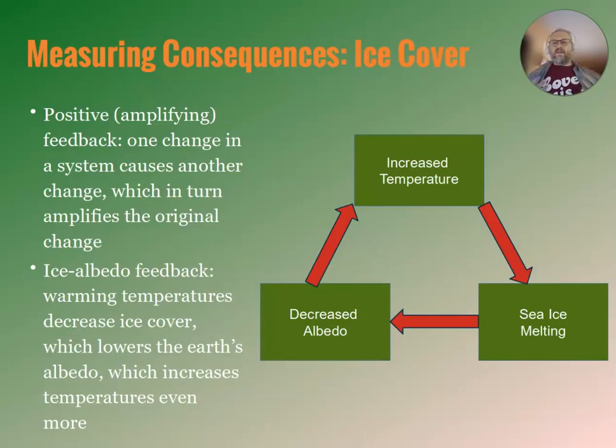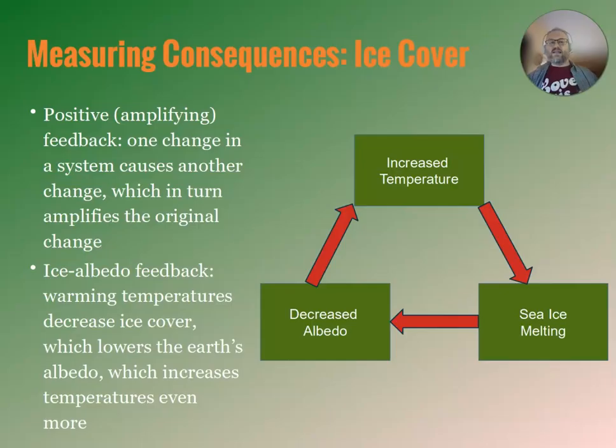So when this ice cover is reduced, we get a feedback effect. This is what's called a positive or amplifying feedback. A feedback can be positive or amplifying, or it can be negative or balancing feedback.